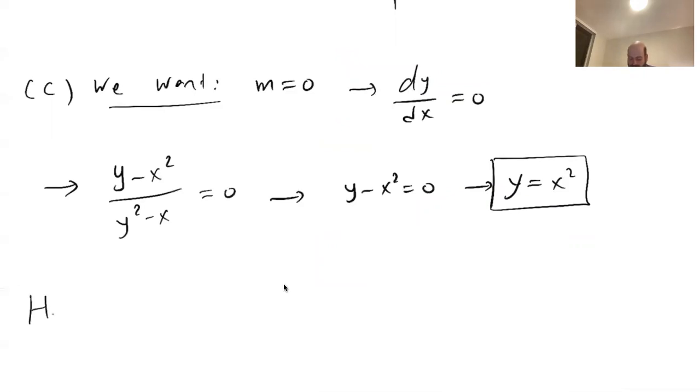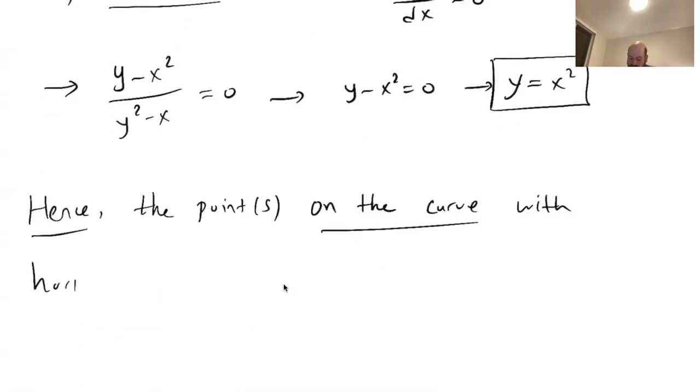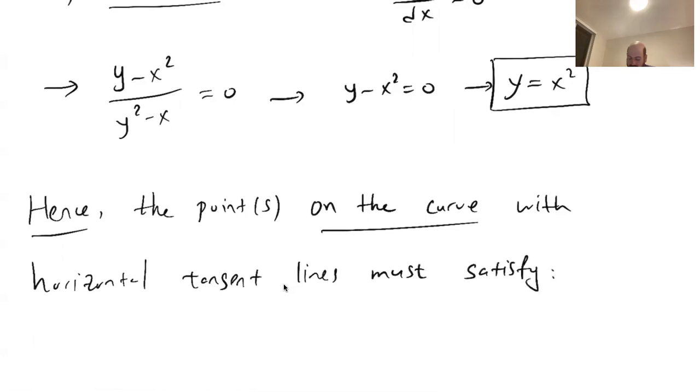So we can say, hence, the points or the point on the curve with a horizontal tangent line must satisfy these two equations.